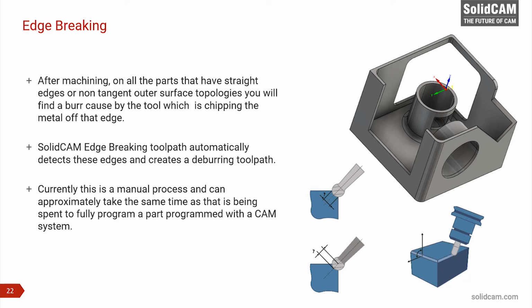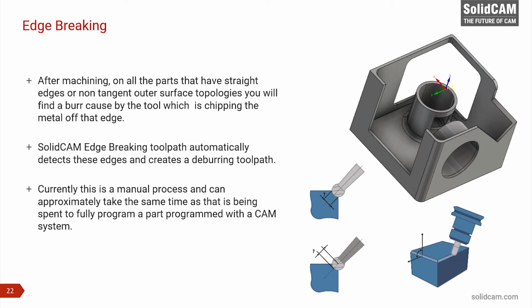Currently, this is a manual process. I know several of my customers do it manually, and approximately the programming needed to do the deburring takes the same time as programming the part for machining. So it's a pretty long process, and this entire thing has been completely automated inside SolidCAM.